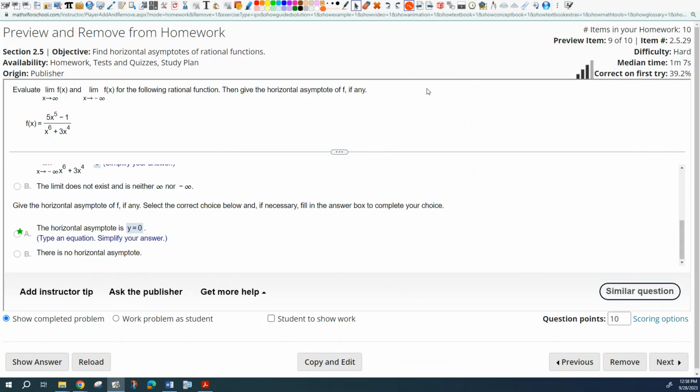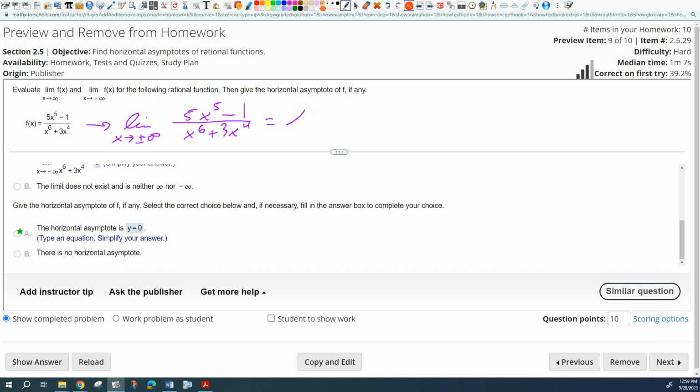So then what about this guy? You can remember those rules, or what I would do is not even use the rules. They're great rules, but the limit of a rational function as x approaches the infinities is equal to the limit of the ratio of the leading terms only, because they dominate the behavior.